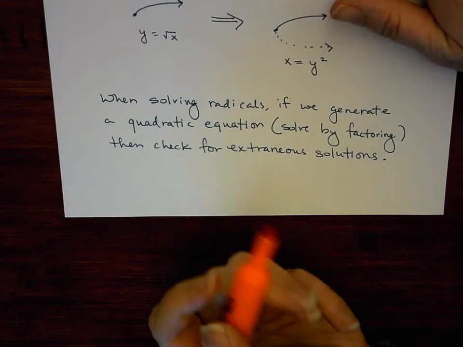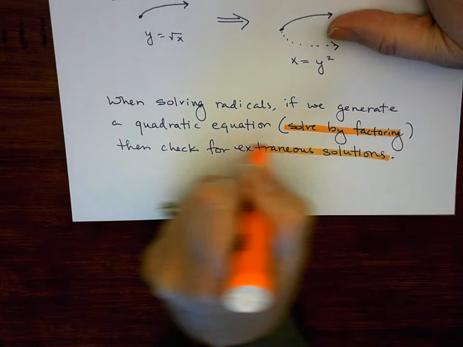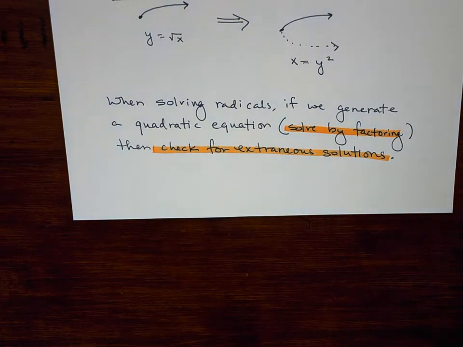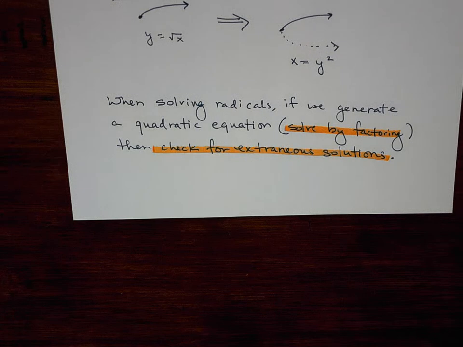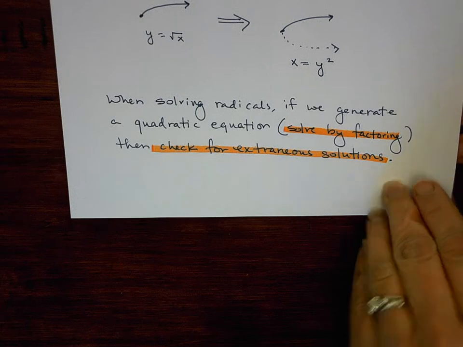If we solve by factoring, we must check for extraneous solutions. That's the key idea. One of those two answers probably isn't going to be a true solution. So let's do an example that would generate that so you can see what we're talking about.